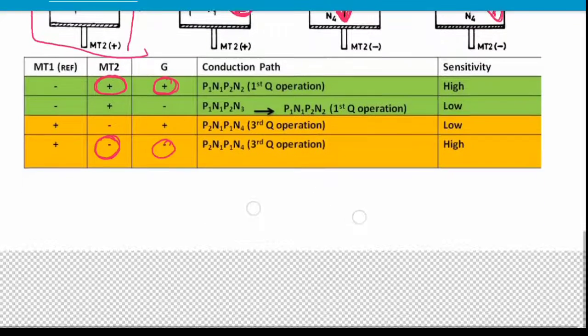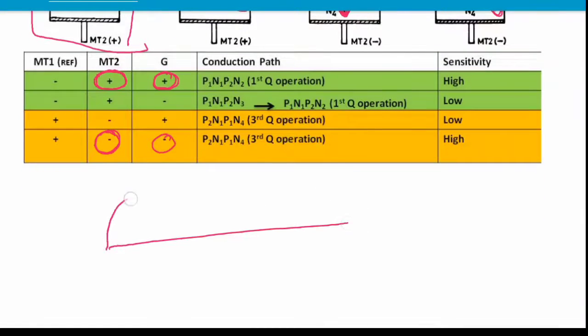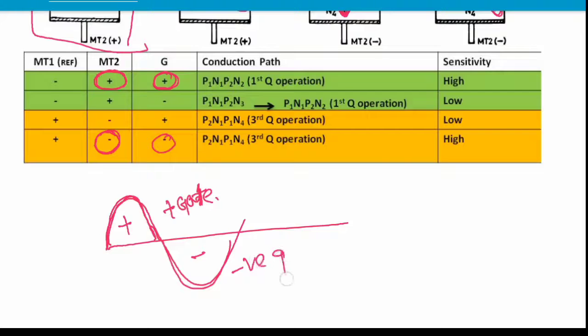That means for an AC signal, for the positive half cycle we provide a positive gate signal, because the MT1 and MT2 terminals are fixed, to flow current in the positive half cycle, and in the negative half cycle we provide a negative gate signal for highly sensitive operation.